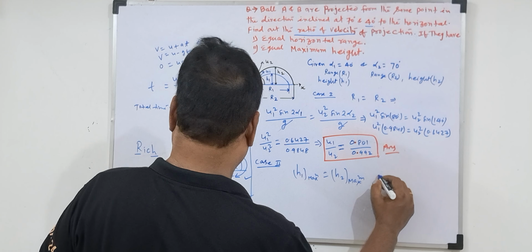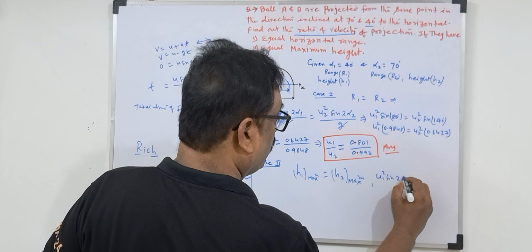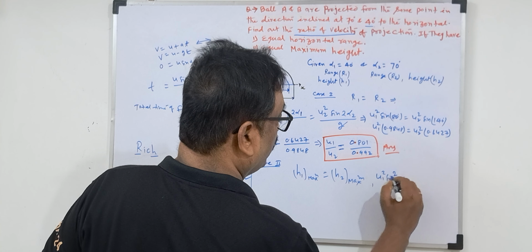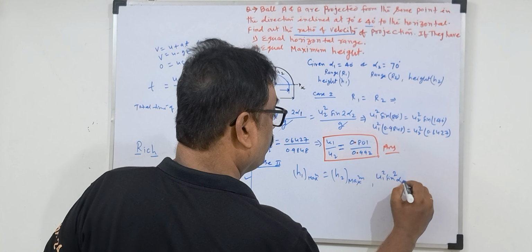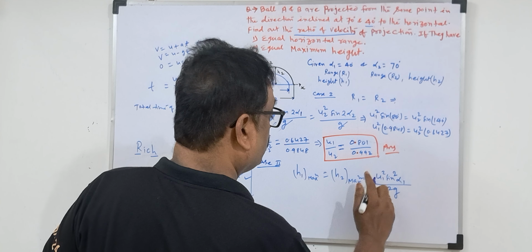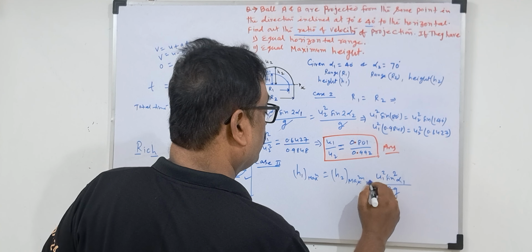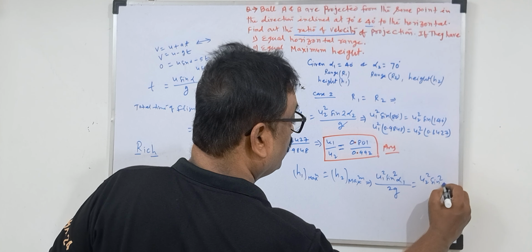What is the formula? u1 square sin square alpha 1 by 2g is equal to u2 square sin square alpha 2 by 2g.